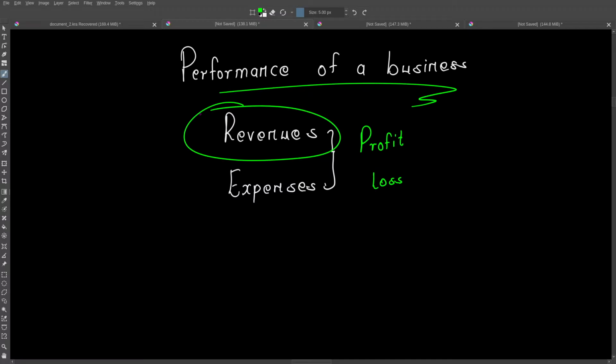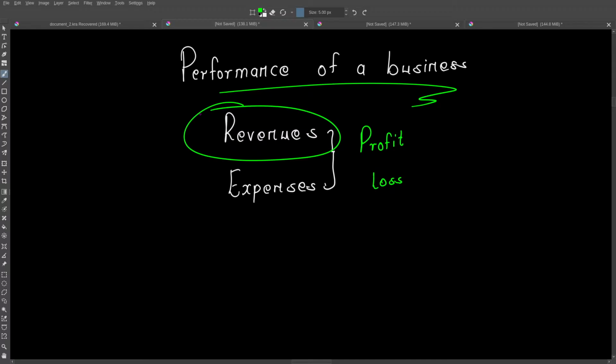The revenues are what they have gotten from selling whatever they're selling, whether goods or services, and the expenses are the things that they incur to be able to get this revenue.